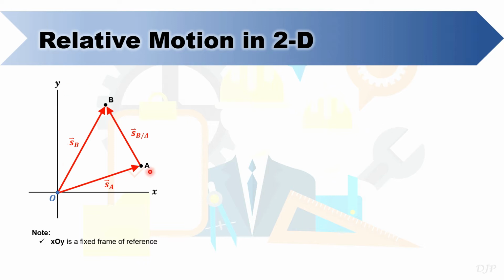So for this example, XOY, or the coordinate plane, is an absolute reference, which means that this plane is not moving or is static, while particle A and particle B can change their position with respect to time. Then the vectors pertaining to absolute motion, which are S sub A and S sub B, must be connected tail to tail.